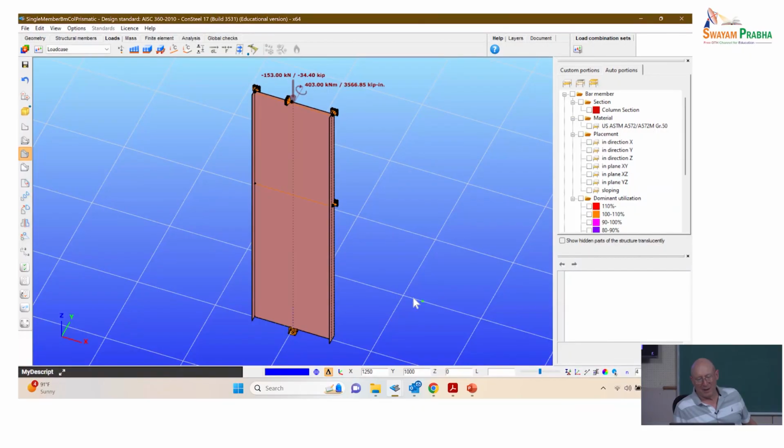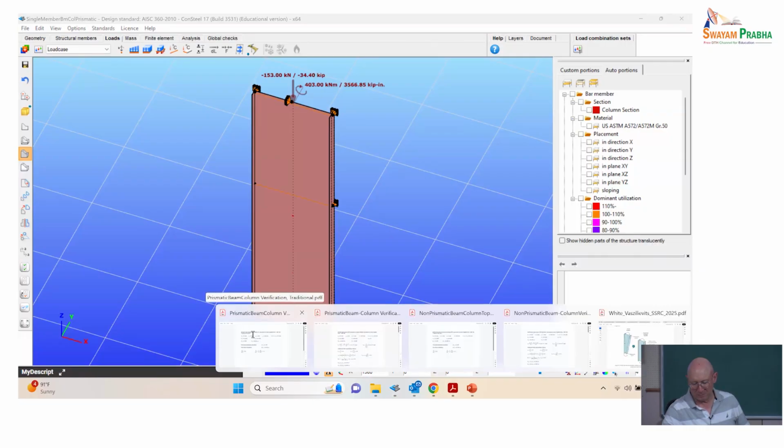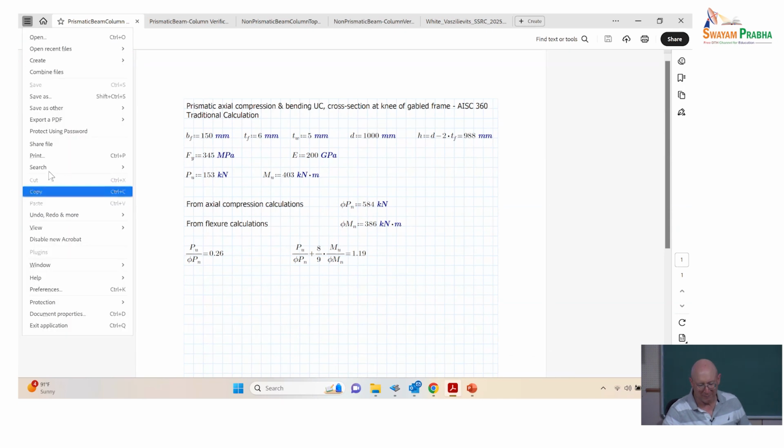Let's go back to Consteel for a second. So now we've got our prismatic member, and we have both axial compression and flexure. The axial compression is constant along the length. The moment is varying from maximum at the top to 0 at the bottom. So how would we verify the strength of this prismatic member? If we look at a traditional calculation, let me get this to where you can half see it.